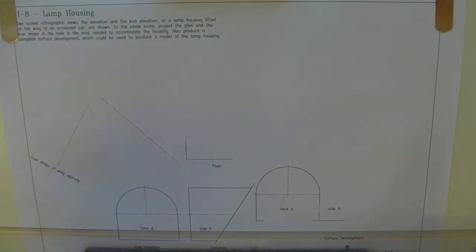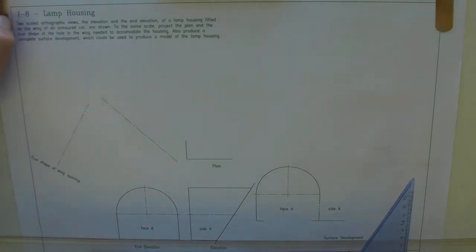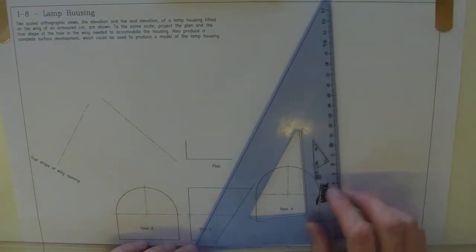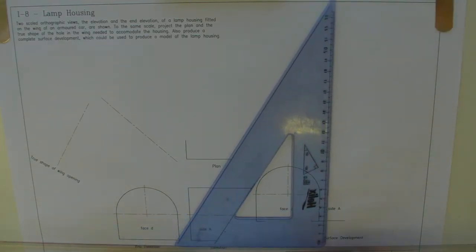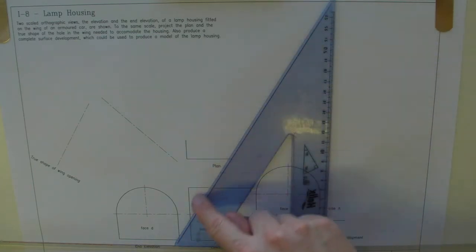Okay, just before we start this one, I just want to talk to you a wee bit about true length. When a line is sloping away from you, its true length is not seen in a drawing. Now I'm going to just try and illustrate that. If I put this set square down here, because you're viewing this from the side, you are viewing the true length of that edge there.